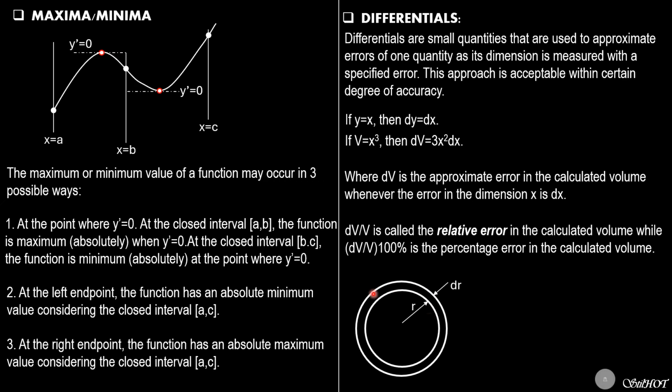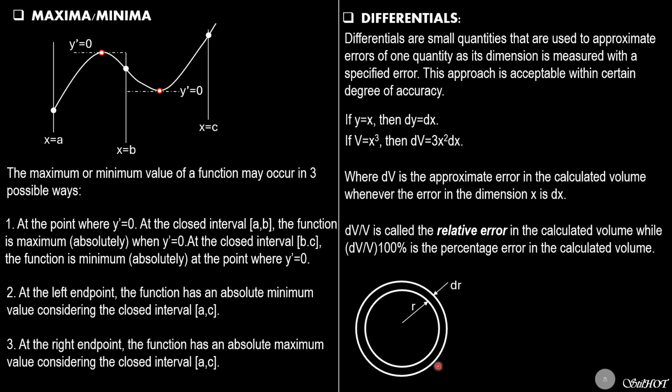So this area between the outer boundary and the inner boundary is the error in the calculated area if we are going to compute for the area. It may also be the error in the calculated volume if this is spherical in shape.